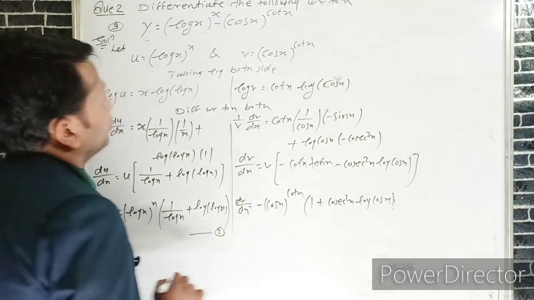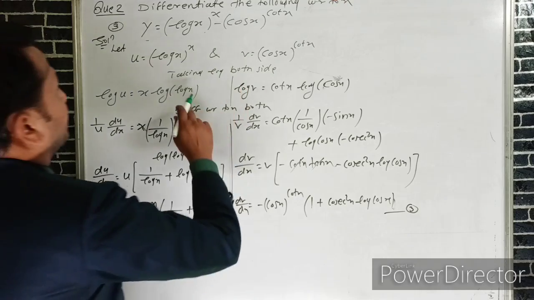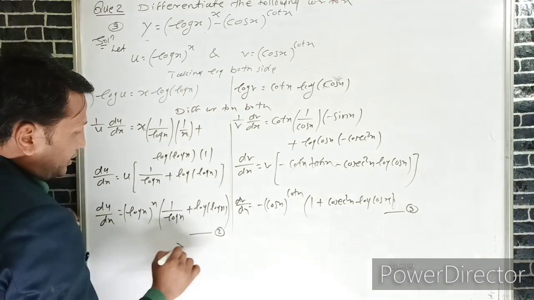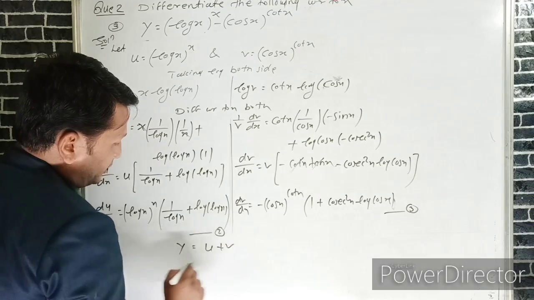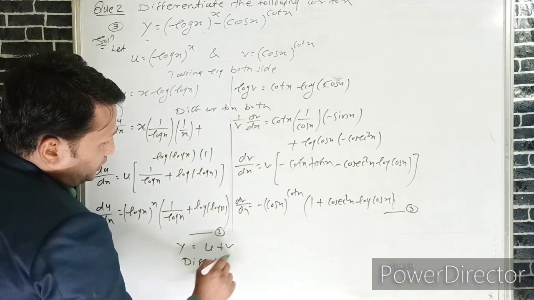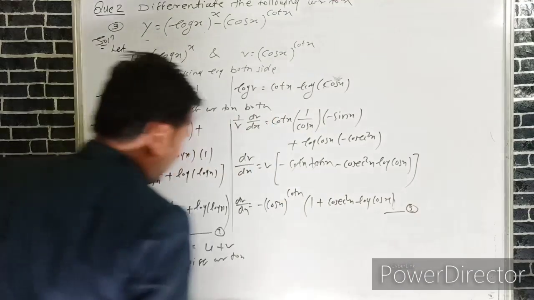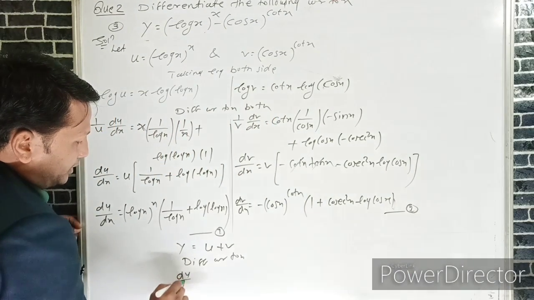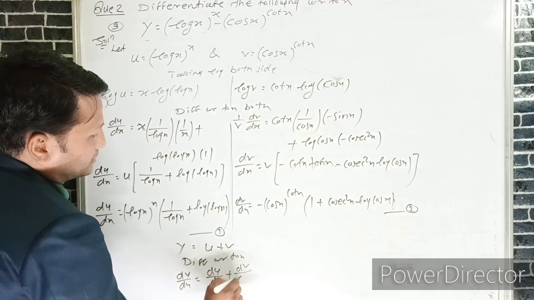Equation number 2, equation number 3. Now y equals u plus v. If we differentiate with respect to x, using 1 and 2, we can write dy/dx equals du/dx plus dv/dx.